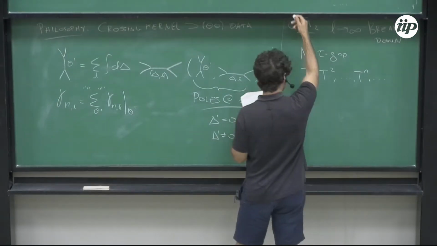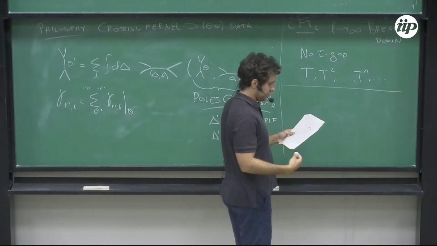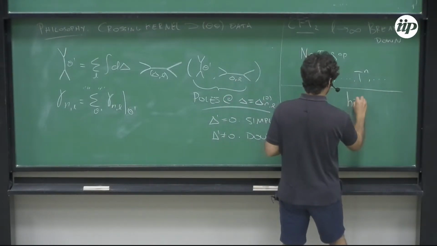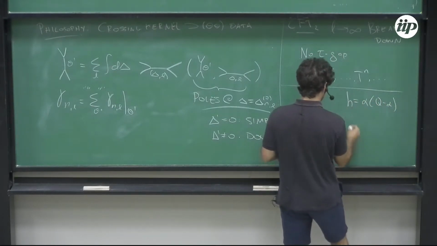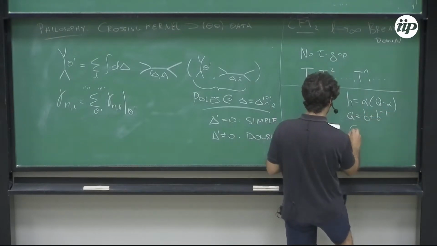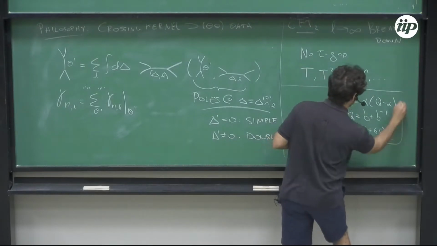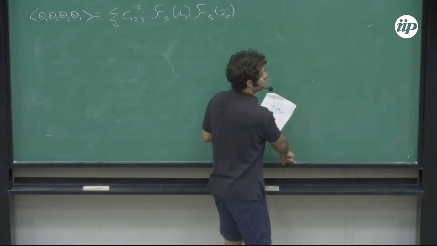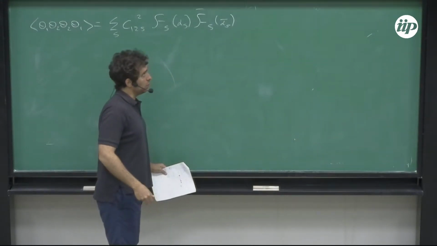Let me make a box of definitions which we will need throughout the talk in case these variables are a little less familiar. So we're going to define H to be alpha times Q minus alpha, and Q to be B plus B inverse, and C to be 1 plus 6 Q squared. So for some central charge, you can specify alpha, the momentum, instead of H, the left-moving conformal weight.